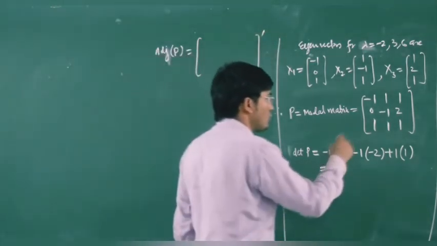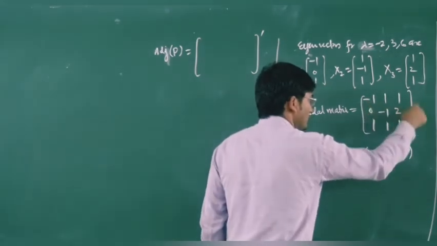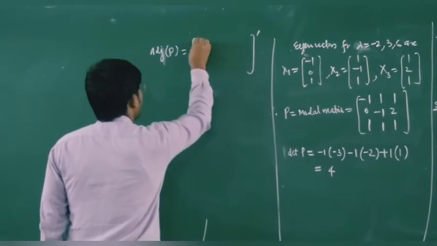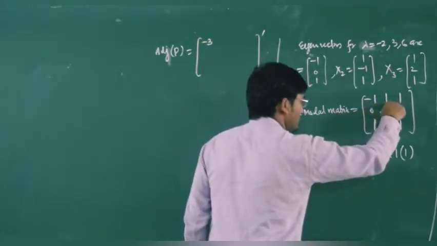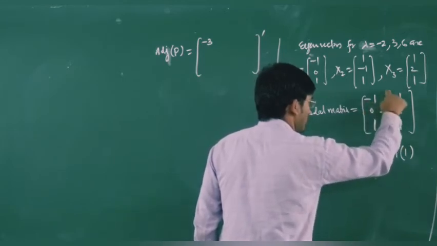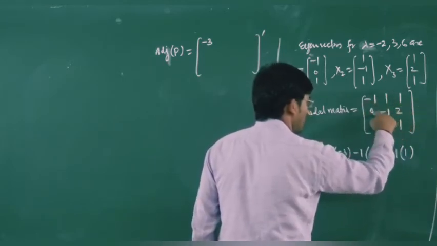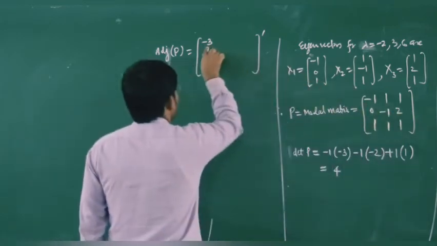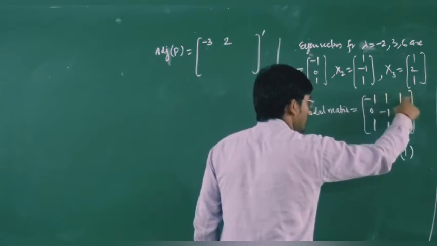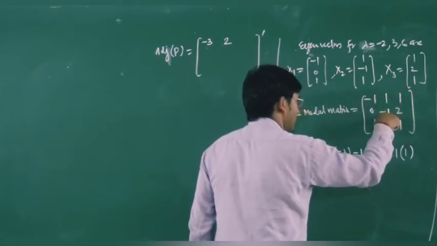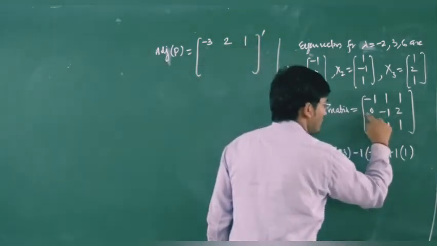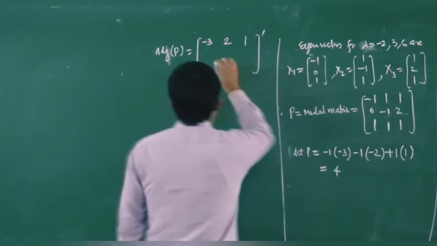Now let us find out the cofactors. For this minus 1 we will have minus 1 and then minus 2. So this will be your minus 3. Now for this one we will forget this column and this row. So we will have 1, 0, minus 2. So minus times minus 2 we have plus 2. Then for the third element we will have plus 1. Now for this element, forget this row and this column, so we have 0.